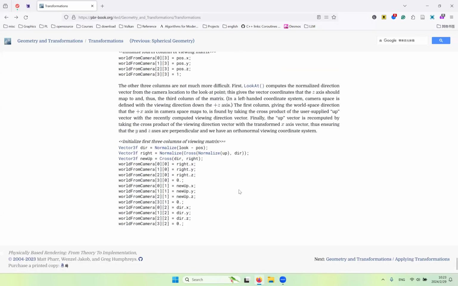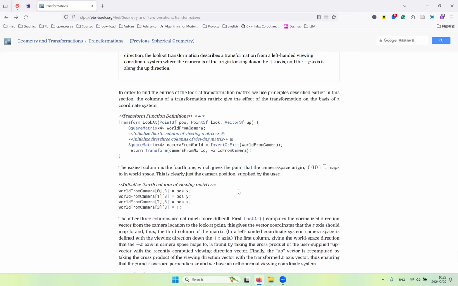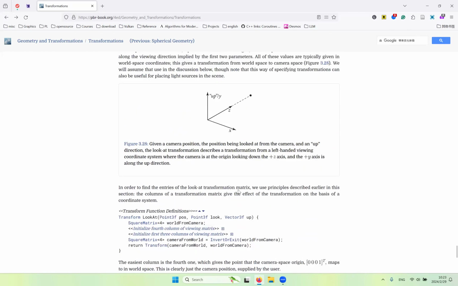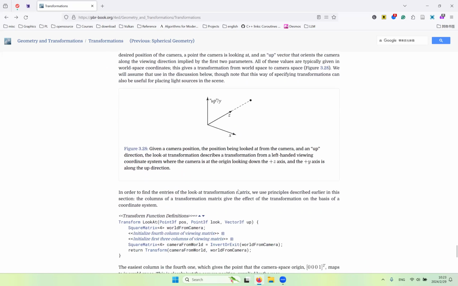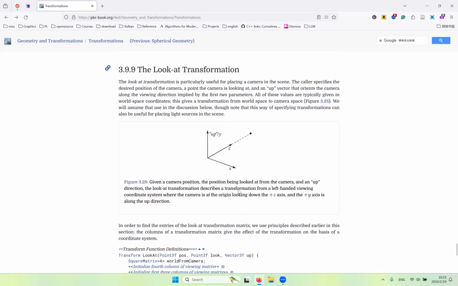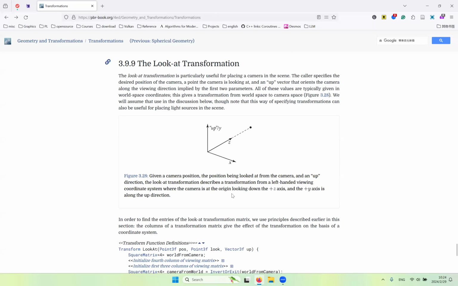I just want to editorialize and say, I think the lookat function is a disservice to learning linear algebra because it's magical. It takes three vectors that are really describing how you construct a matrix and then does something weird, just assigning vectors to matrix columns or rows. I found it much more intuitive to just rotate the x-axis, rotate the y-axis, rotate the z-axis to point in the direction you actually want.